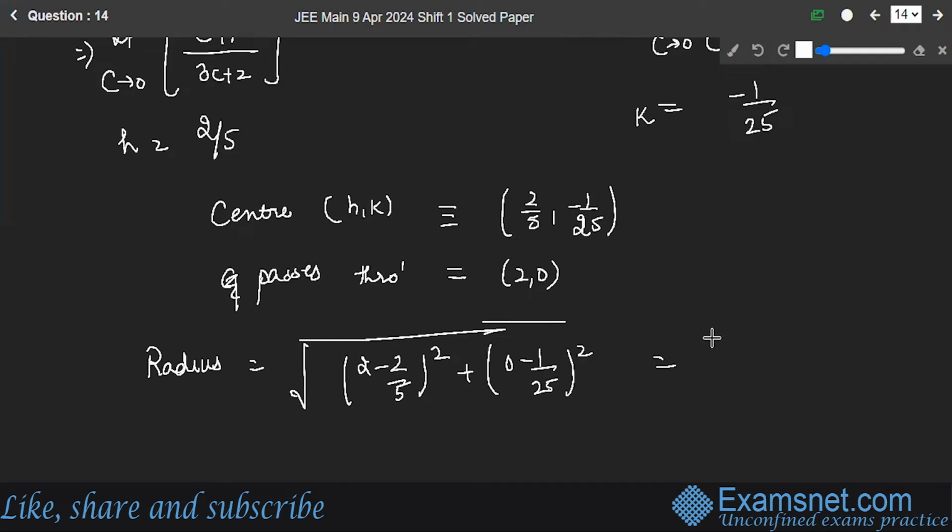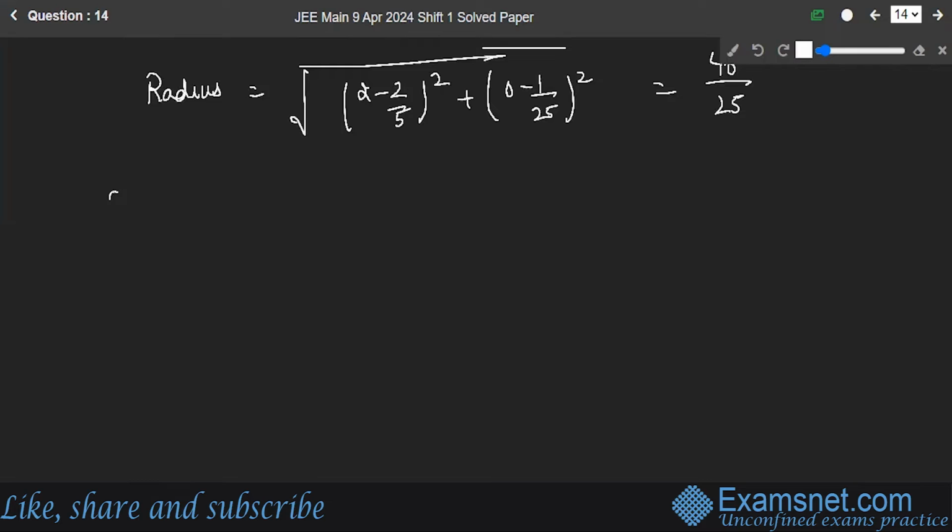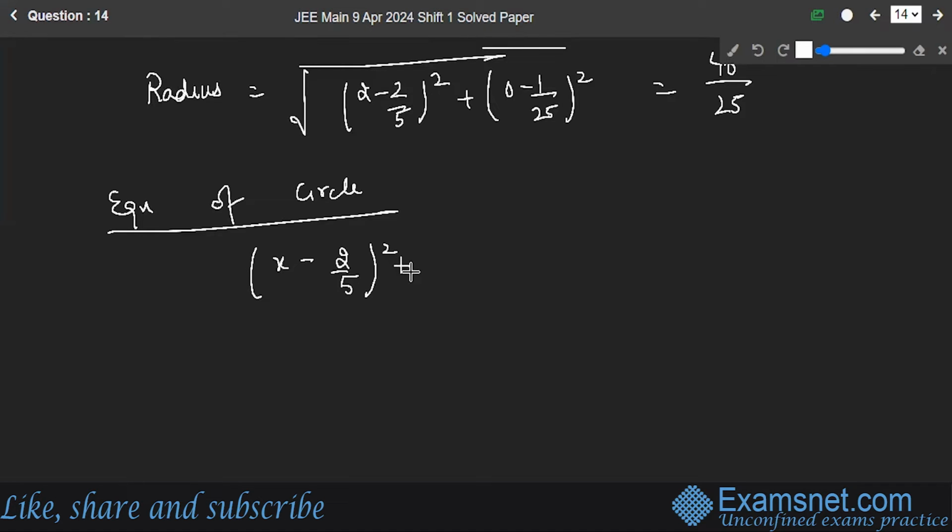On solving, you will get the radius as root of 1601 upon 25. Now let's frame the equation of the circle. It is given by (x minus 2 by 5) squared plus (y plus 1 by 25) squared, and this is equal to the radius squared.